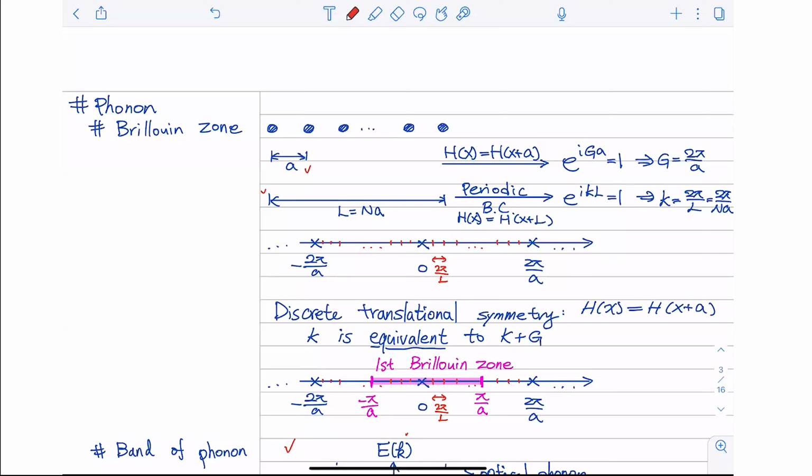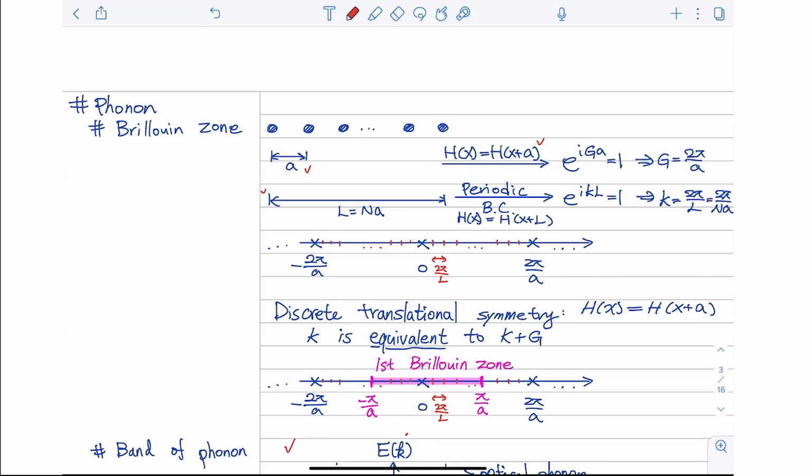Okay. For this kind of system, since it is a very regular lattice, we expect the Hamiltonian to have discrete translation invariance only. That is, when we shift our Hamiltonian by a lattice constant a, the Hamiltonian is invariant.